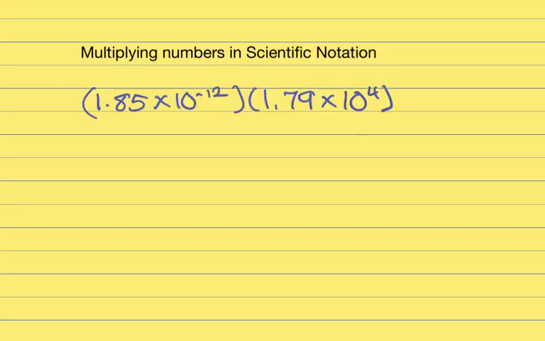The next thing we need to do is to be able to multiply numbers that are in scientific notation. Once again, this isn't too terribly difficult. We're going to first multiply our base numbers, our 1.85 times our 1.79. And then next, we'll multiply together our powers of 10.